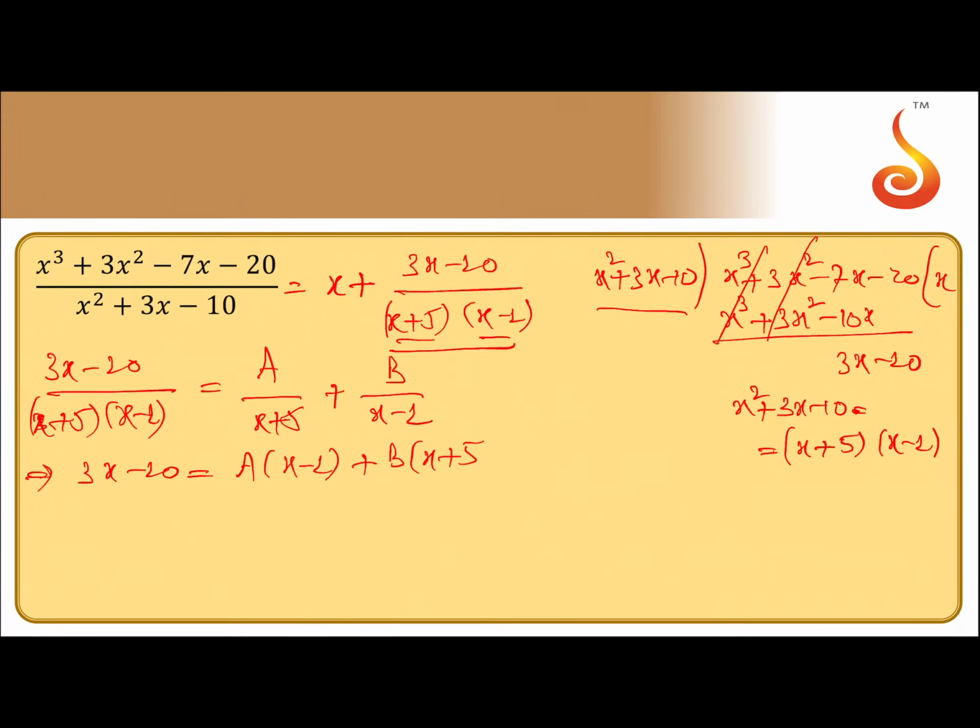Substituting x equals minus 5 on both sides gives minus 15 minus 20, minus 35, equals minus 7A plus 0. So A equals plus 5.